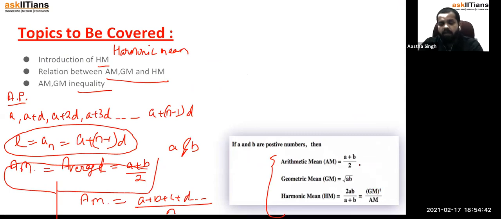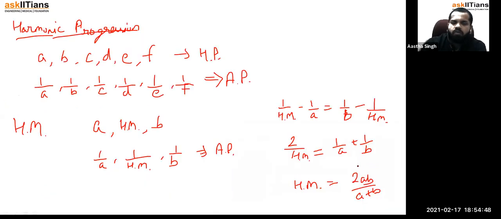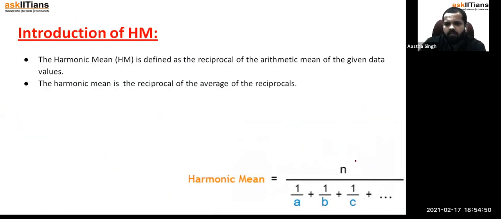So we are till now discussing AM, GM, and HM of two numbers, right? Now just look at the definition. Harmonic mean is defined as the reciprocal of the arithmetic mean of the given data values.